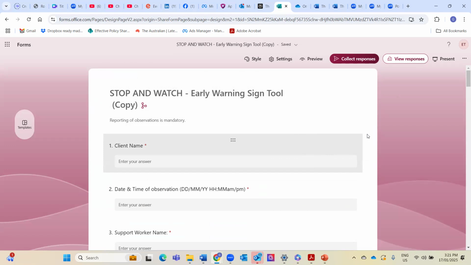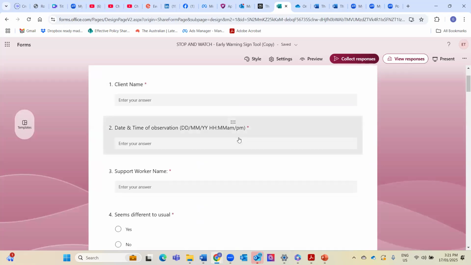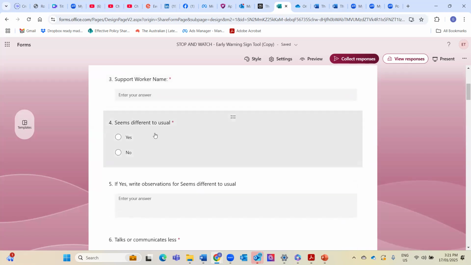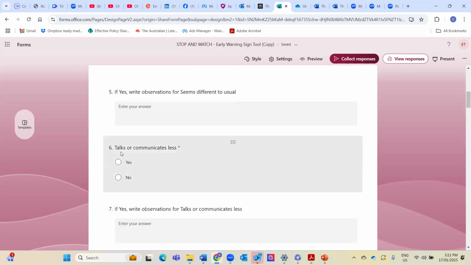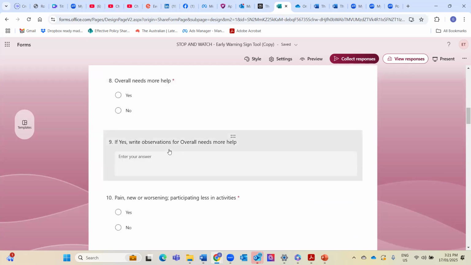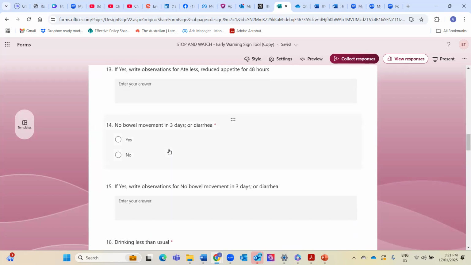People only need to QR it with their smartphone, put in client name, date and time that the observation was made, and support worker name. Seems different to usual? Yes. If yes, write the observation. Talks or communicates less. It's got the range of things from the stop and watch tool. It will go through to your choice of forms.